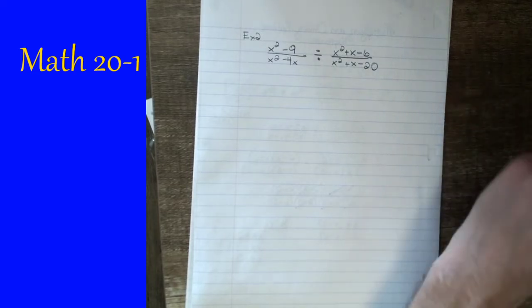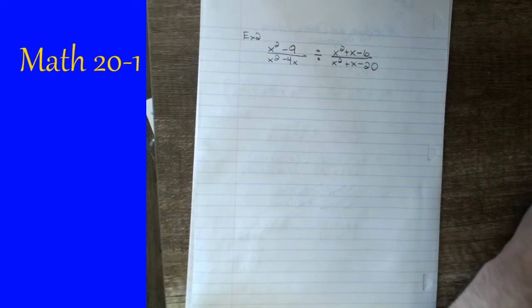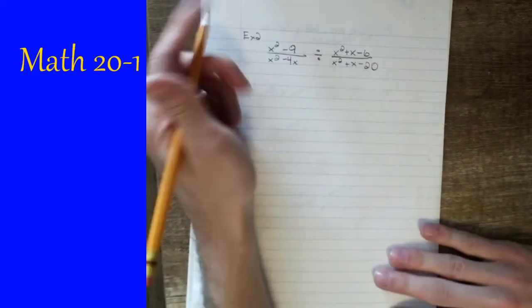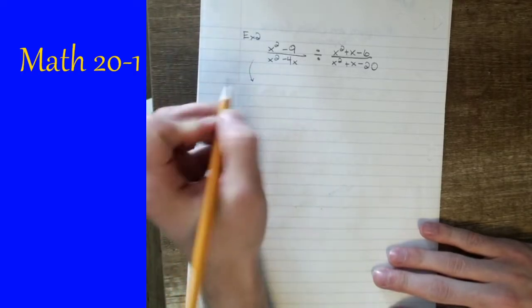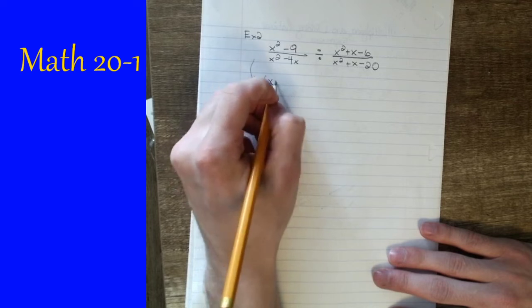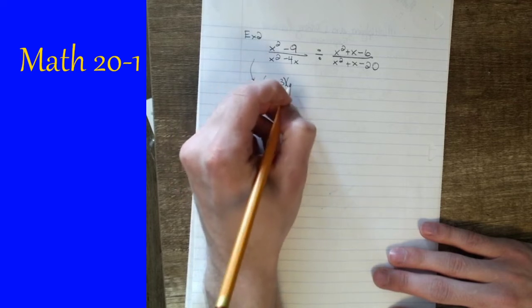And so step 1, just like multiplication, is still let's factor everything. We'll get the fully factored form of these two expressions.